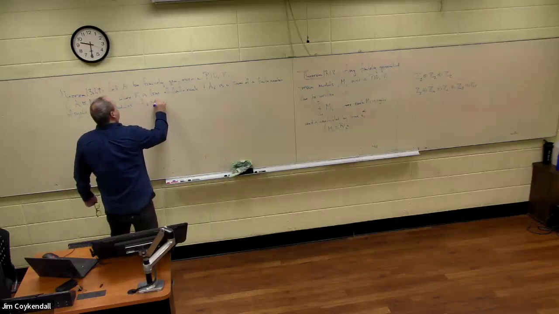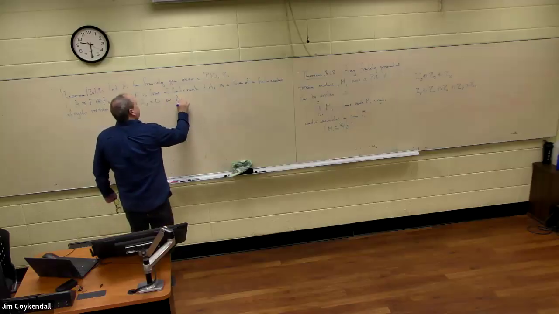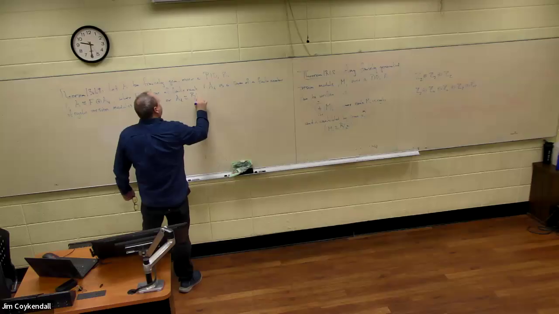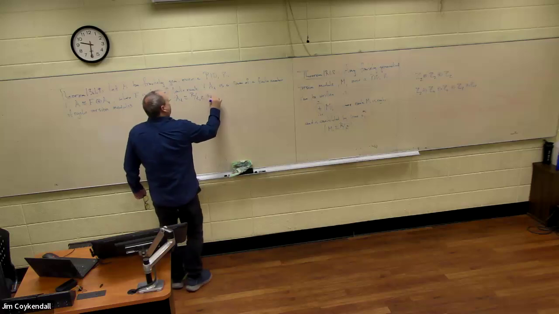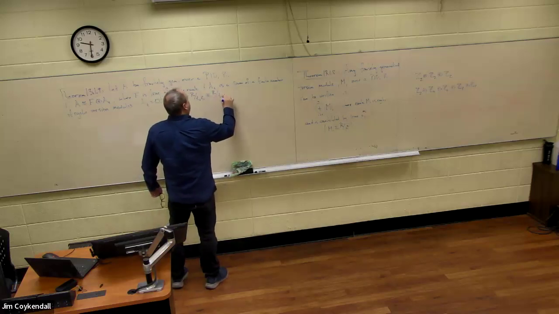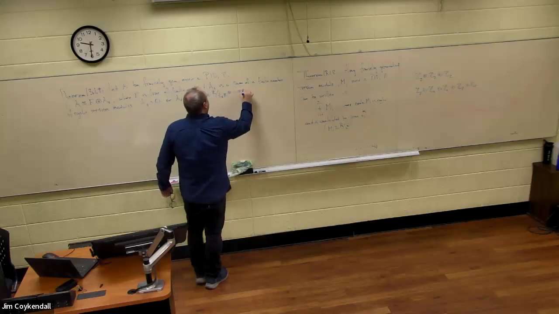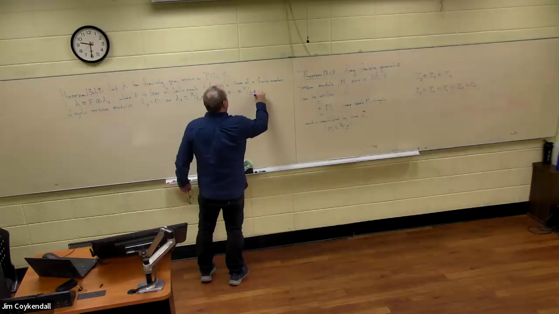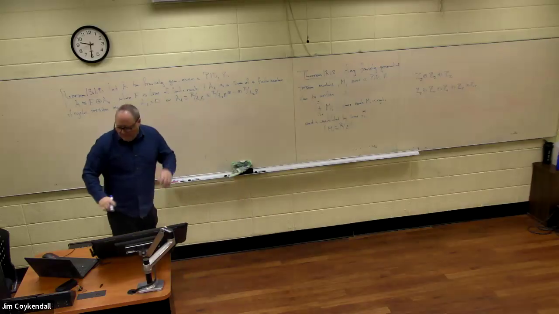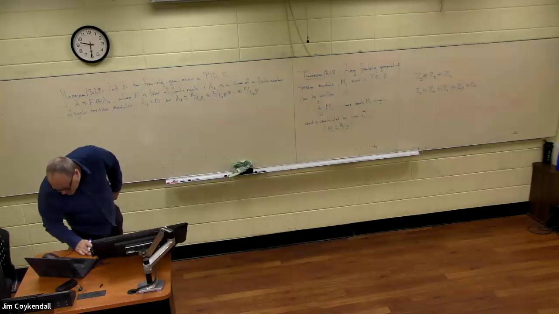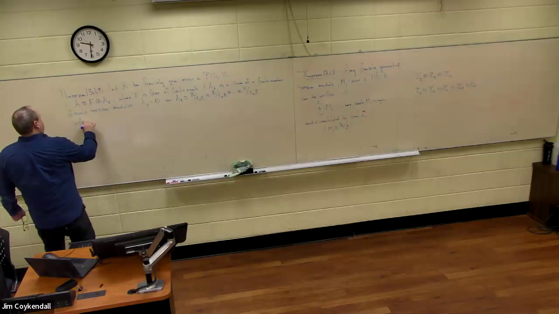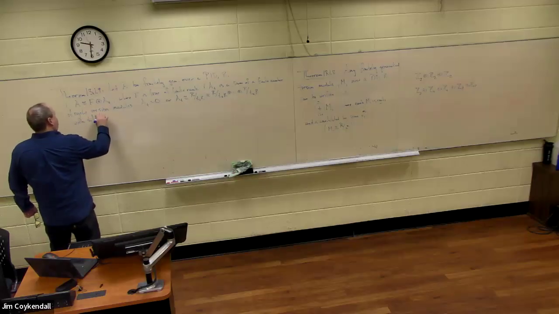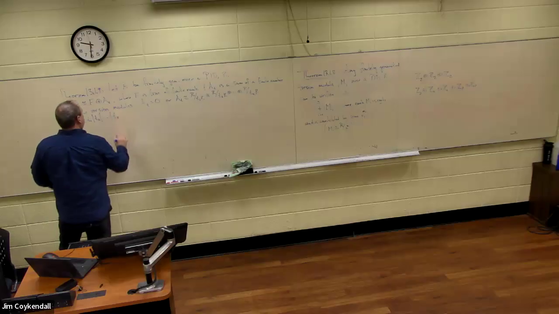AT equals 0, or AT is isomorphic to R mod T1R, direct sum R mod T2R, direct sum, up to R mod TKR. And these can be arranged such that T1 divides T2 divides, all the way up to TK.